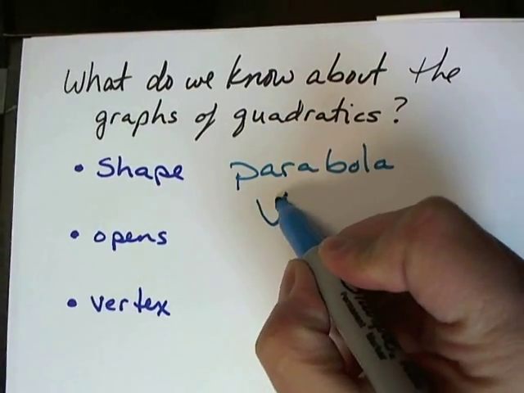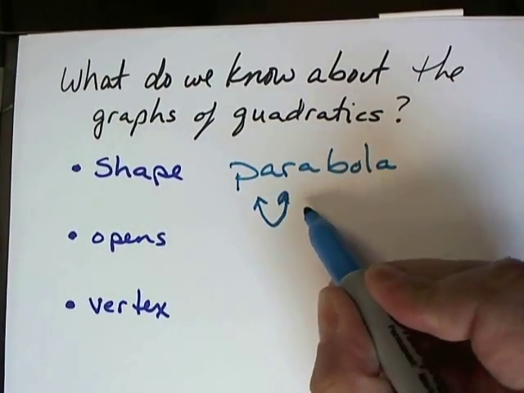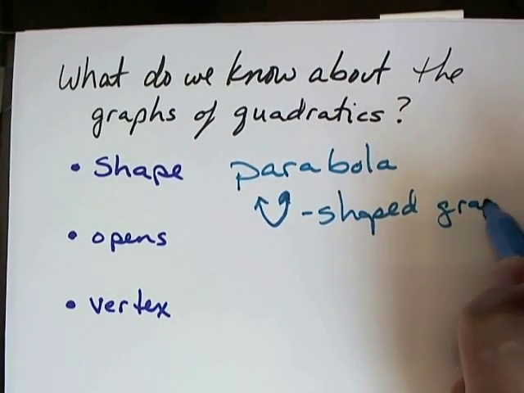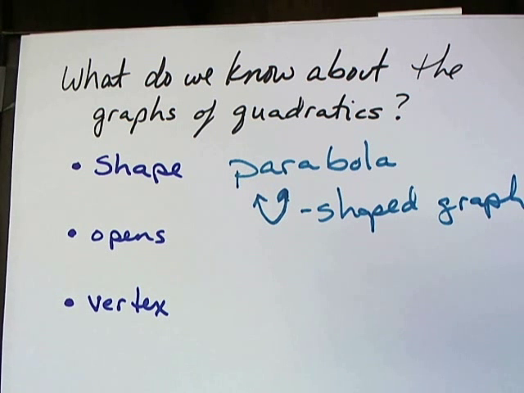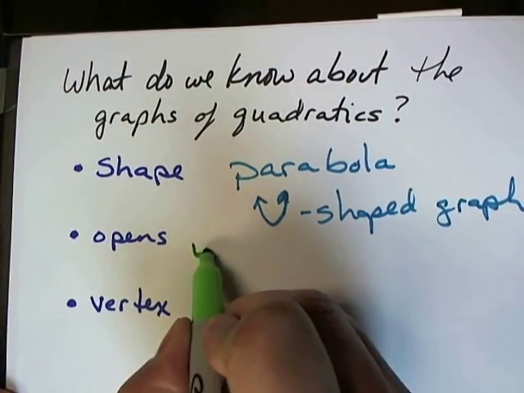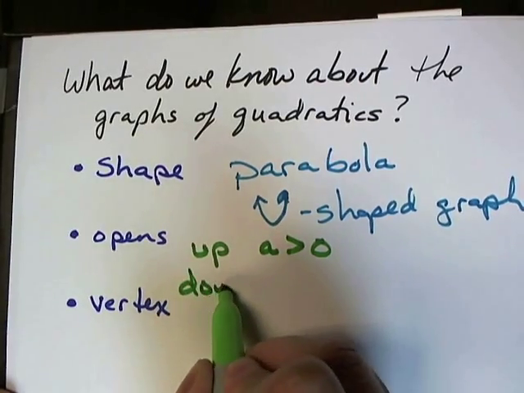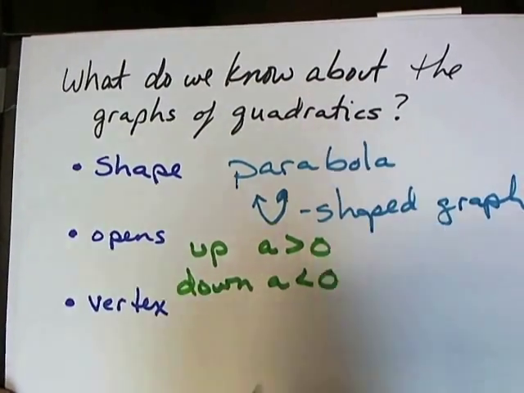It's a U-shaped graph, or a cup. It always opens either up or down, never on its side. We know whether it opens up or down. Up if a is greater than 0, down if a is less than 0.